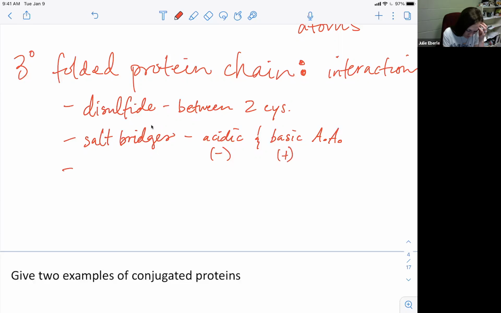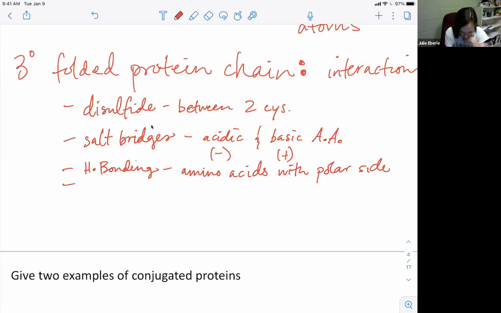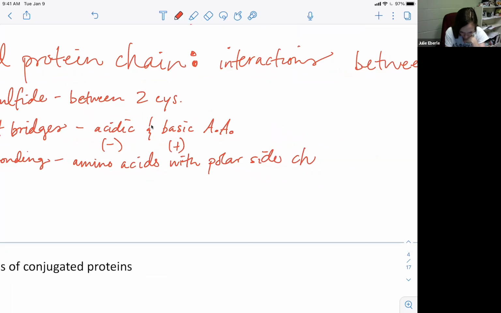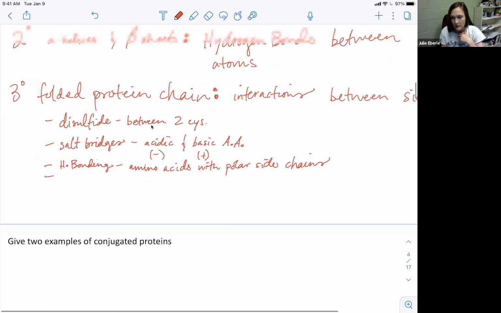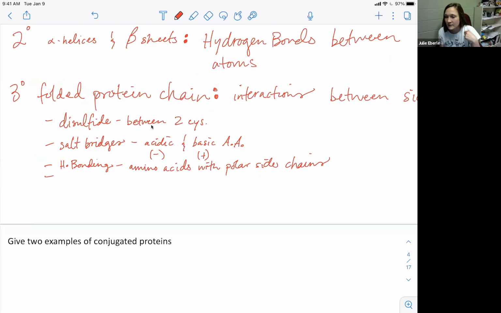Okay, there's 2 more. Isn't hydrogen bonding one? Hydrogen bonding is one. These occur between polar amino acids that have polar side chains. Okay, so threonine, tyrosine, serine.